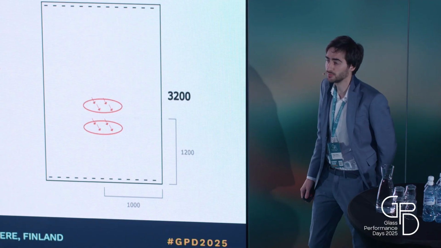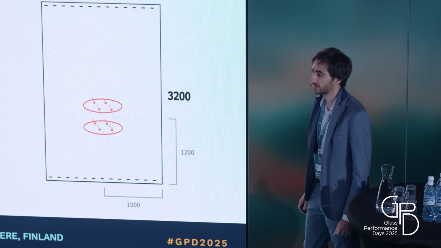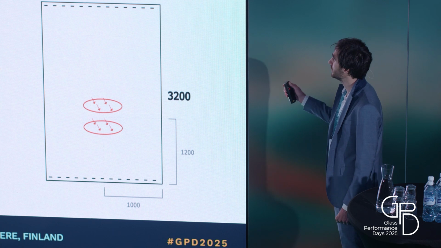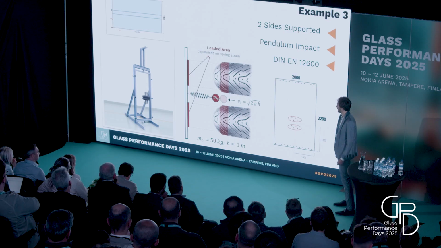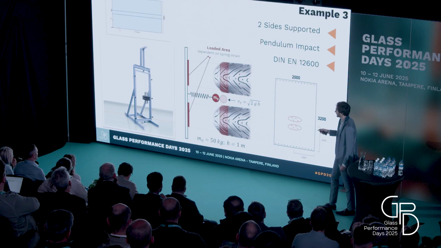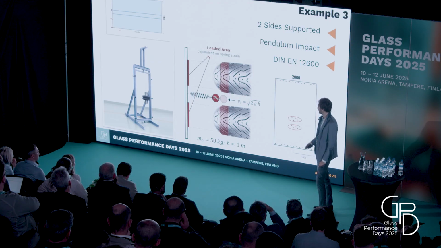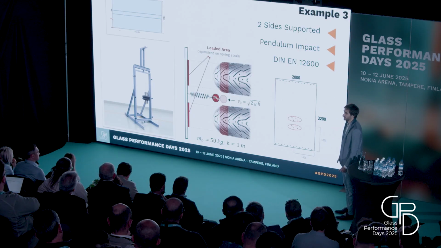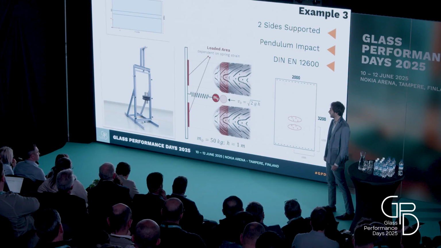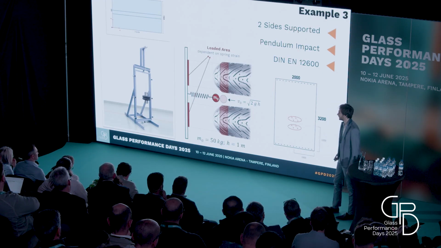As a last example, we made a comparison with the software MEPLA for the pendulum impact for the DIN standard, which is 2 tires that fall from 1 meter height with a mass of 50 kilograms. Here is a dynamic simulation, so you have to take care of the loaded area of the tires on the glass surface.